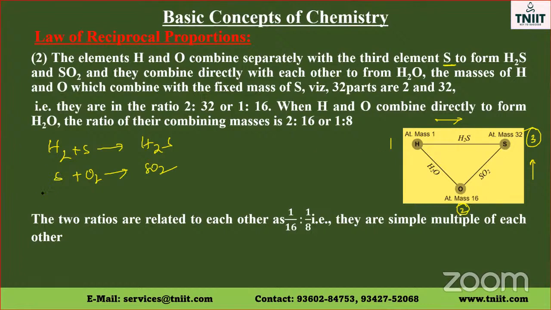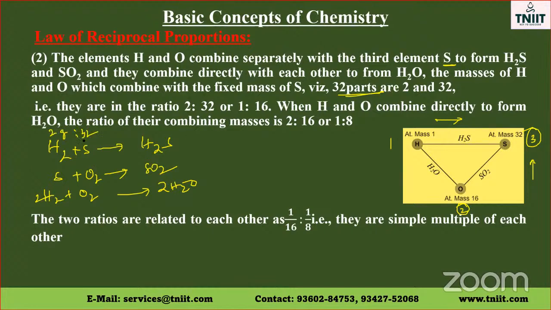The first and the second elements, hydrogen and oxygen, combine to form water directly. The masses of hydrogen and oxygen which combine with a fixed mass of sulfur, 32 parts, are 2:32. So in this case, 2 grams of hydrogen combines with 32 grams of sulfur.